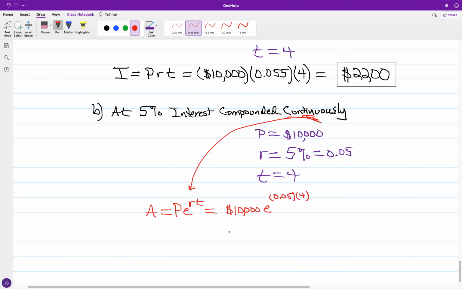Now for the future value, again we have $10,000 times E to the 0.2, and for E to the 0.2, that number we have right at 1.2214. Now the future amount, in other words, the $10,000 is going to grow to around $12,214.03.